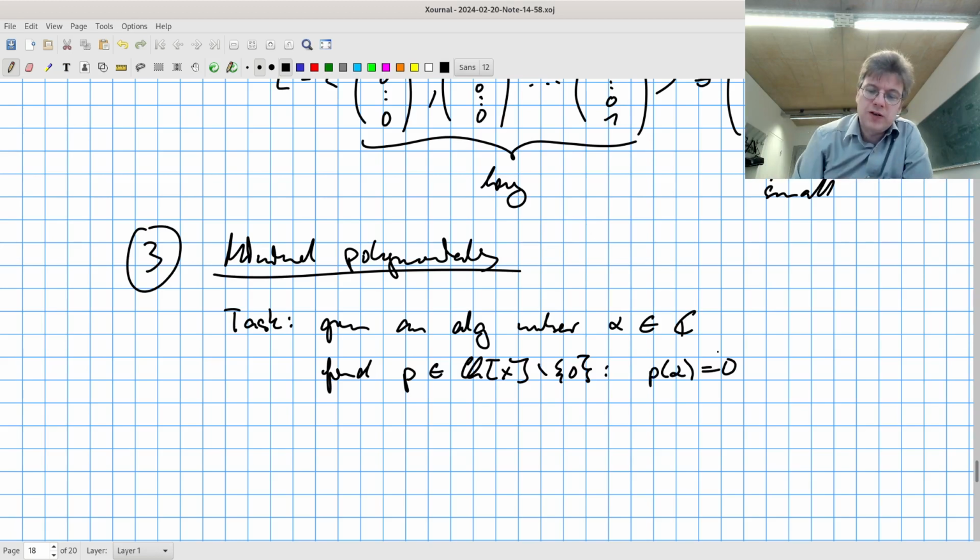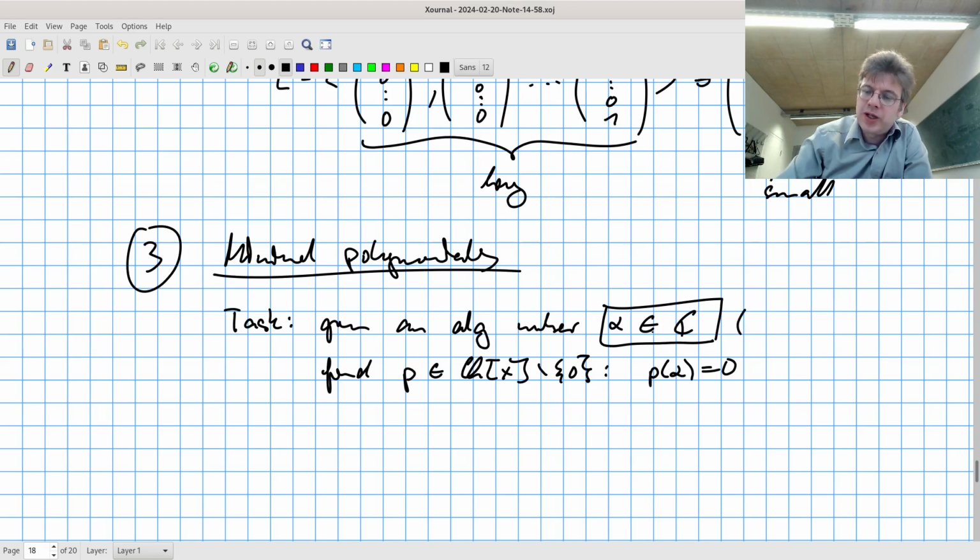So what does it mean, given an algebraic number? Okay, so now I wrote something that I before avoided to write. I'm saying here given a complex number, but of course it's an algebraic number. An algebraic number I can specify exactly in terms of a minimal polynomial, but here I assume that the minimal polynomial is not known for the alpha.